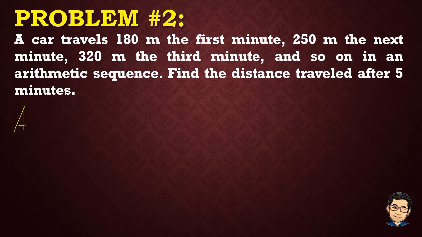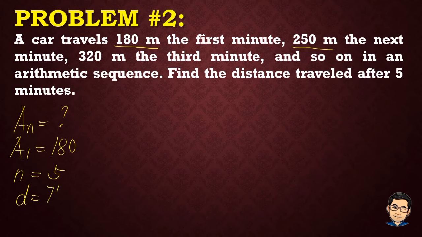So a sub n, that is the unknown, a sub 1, so that is 180, and then n, that is 5. And then our common difference, so yung 180 meters, isa-subtract natin sa 250 meters. So 250 minus 180, that is 70.